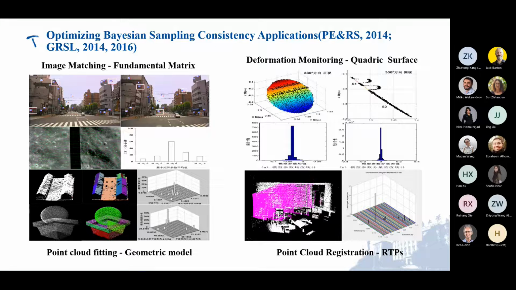Actually, we found the optimized Bayesian sampling strategy can be used in different ways, like image matching, deformation monitoring, and also primitive fitting, and also restoration.